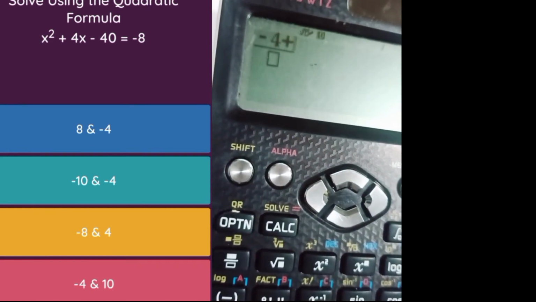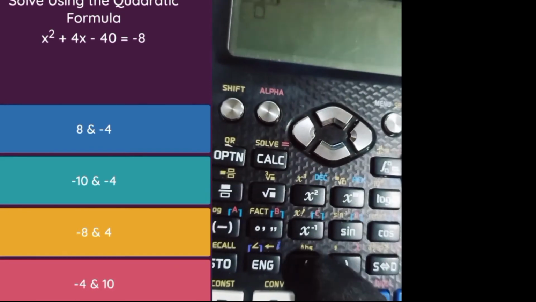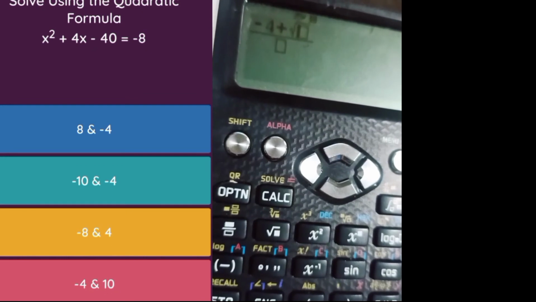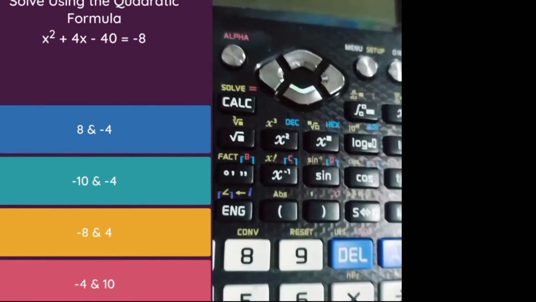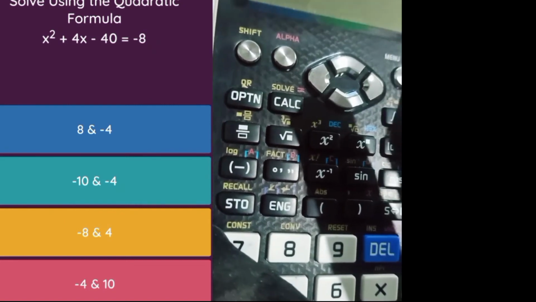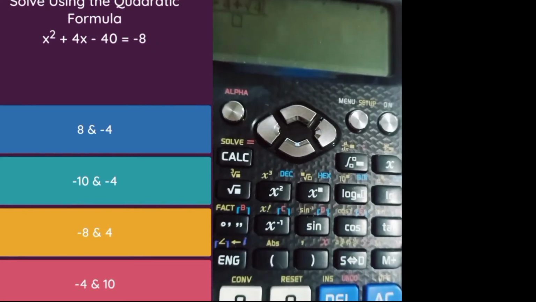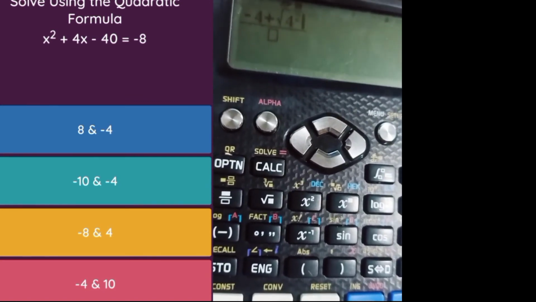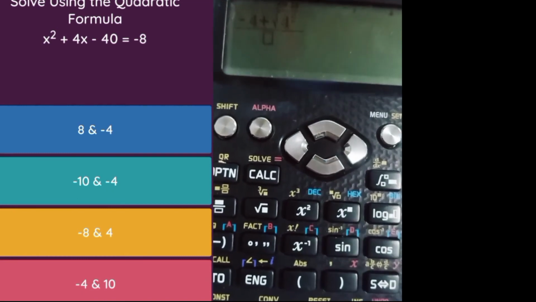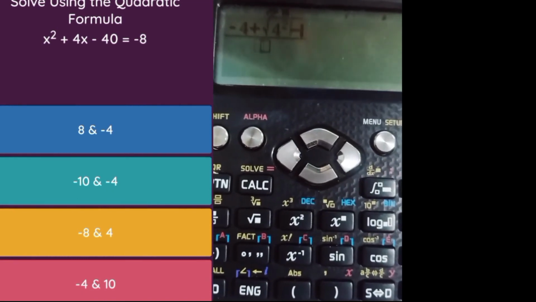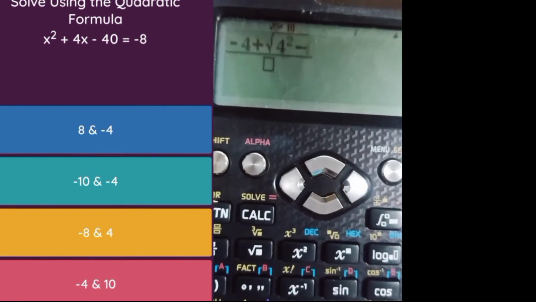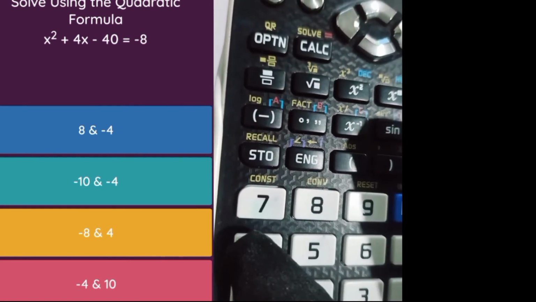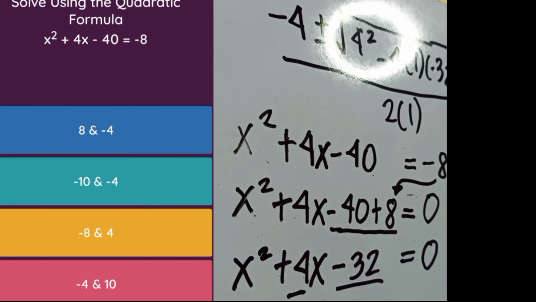Then press plus, and then the square root of b squared minus 4ac. So we have 4 squared there, and then minus 4ac, minus 4 times a times c.